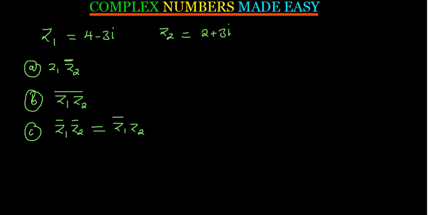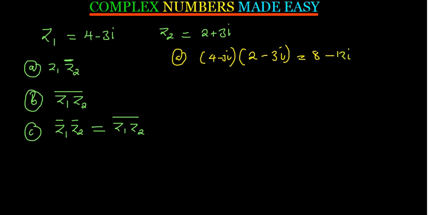This is the principle I wanted to talk about. So let's start with z1 times the conjugate of z2. For a, z1 is 4 minus 3i. We want to multiply by the conjugate of z2, and for the conjugate we need to change the sign in the middle, so that will be 2 minus 3i. So start multiplying. 4 times 2 is 8. 4 times negative 3i is negative 12i.